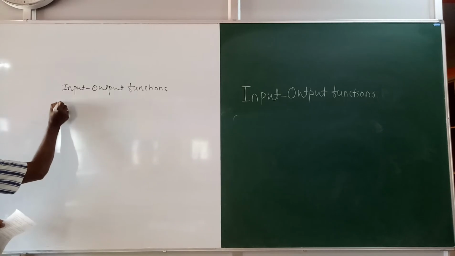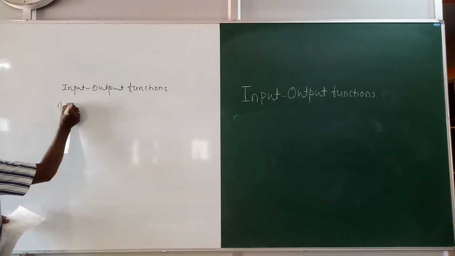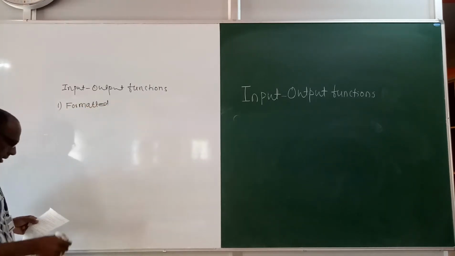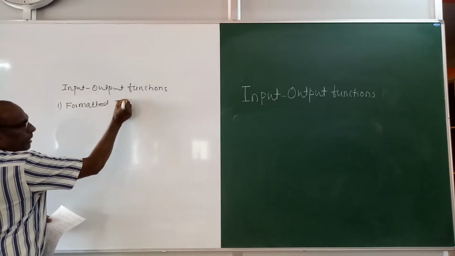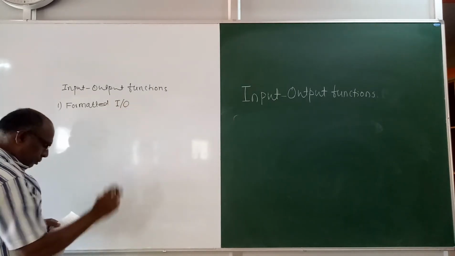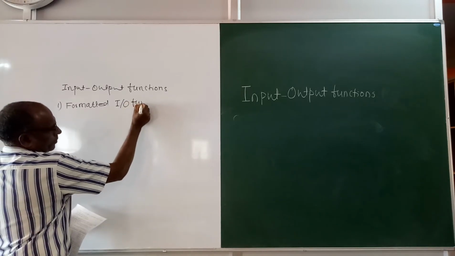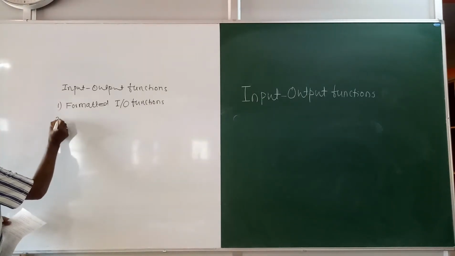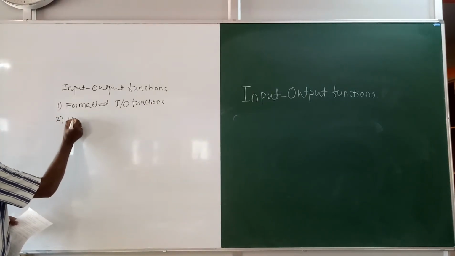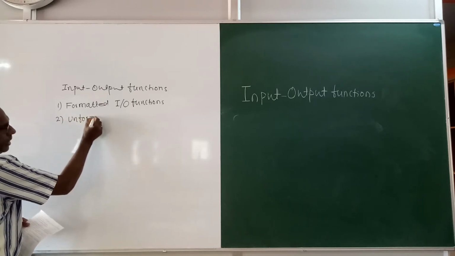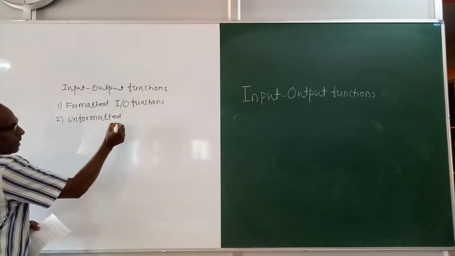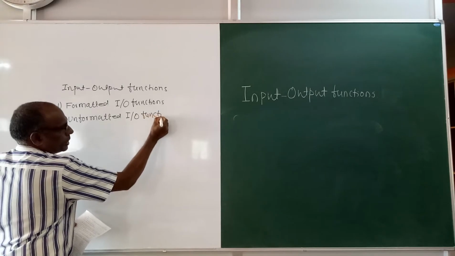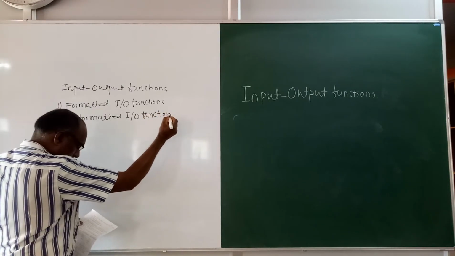The first type is called formatted, written as I/O, that means input output functions, I for input, O for output. Then we have the unformatted input output functions. We are discussing these functions.